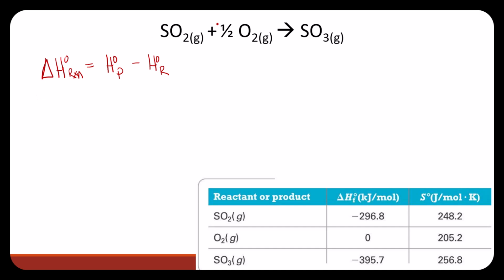Products are just sulfur trioxide. The enthalpy change for sulfur trioxide is down here. That is negative 395.7 kilojoules per mole. And then we need to take into account how many moles we're making, and in this case we're making 1 mole.